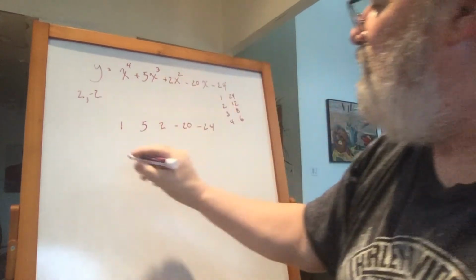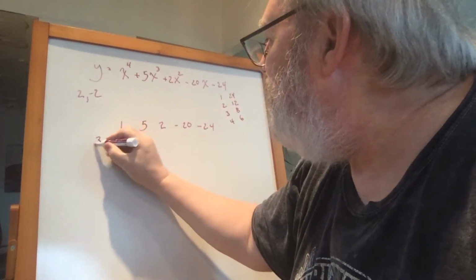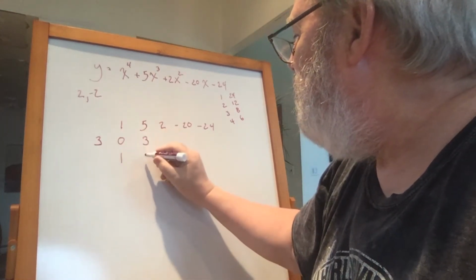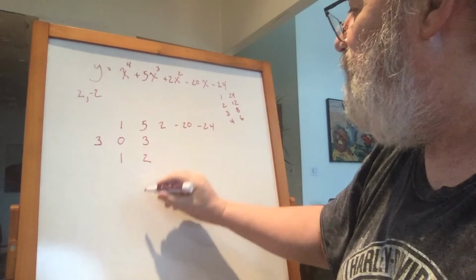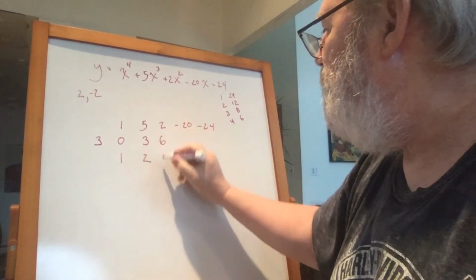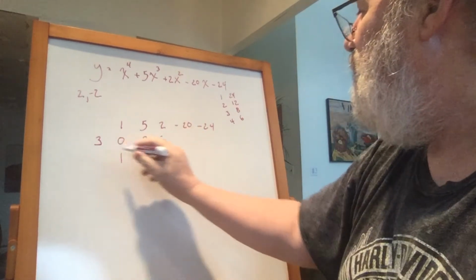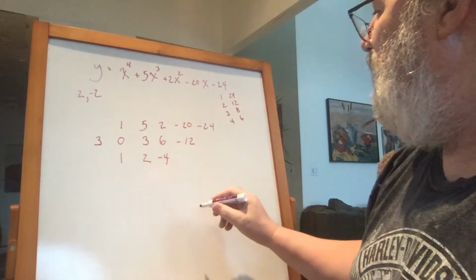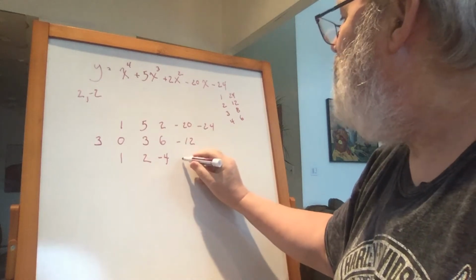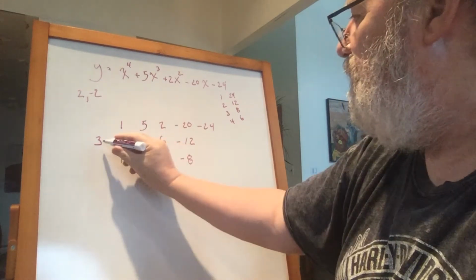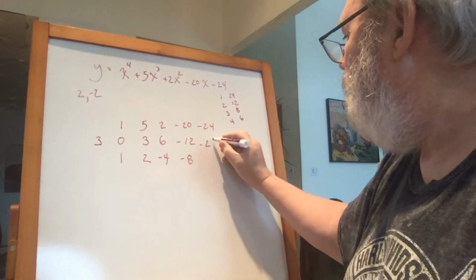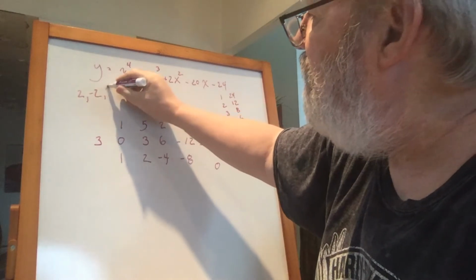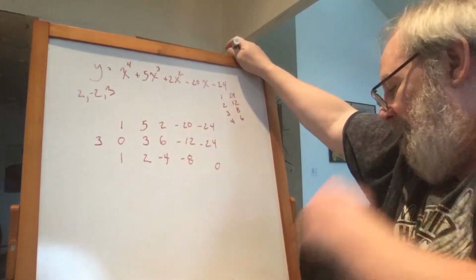So let's take a look at 3. Again, 3 into 1 doesn't go, so 3 times 1 is 3. That's 2. 5 minus 3 is 2. That's 6. And that's minus 4. And that is minus 12. And this is minus 8. 3 times minus 8 is minus 24, and look at that, we got 0. So 3 goes up here, and we're moving along.